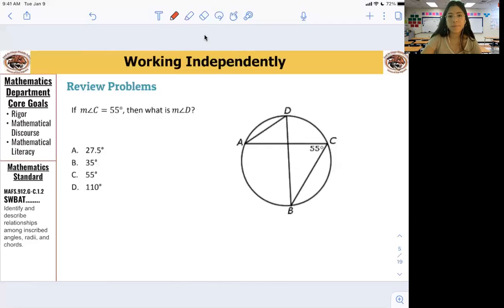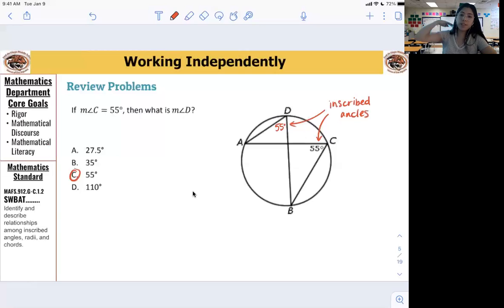All right, so 55 degrees. This is also 55 degrees because both of those angles are what type of angles? What are those called? Inscribed angles. And both of those inscribed angles intersect the same arc.